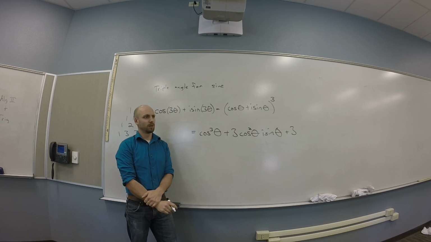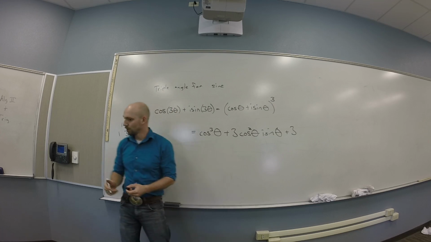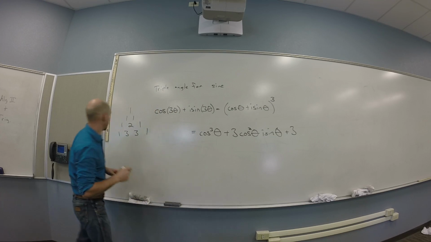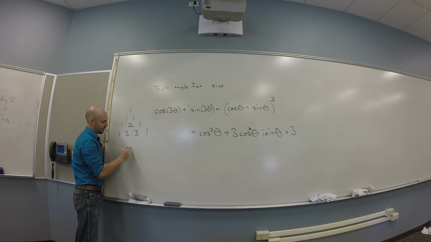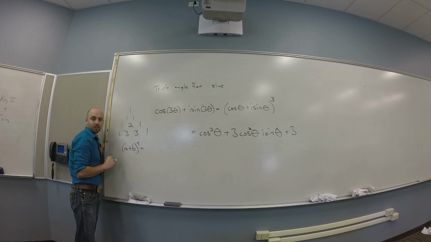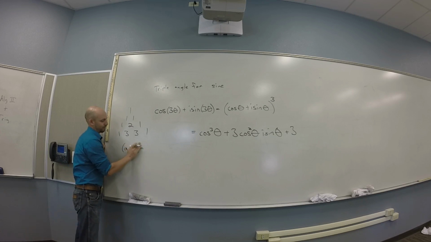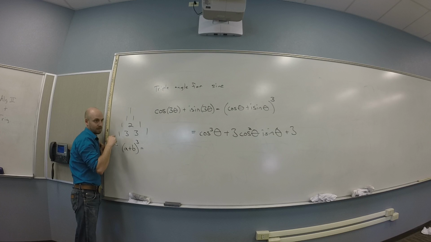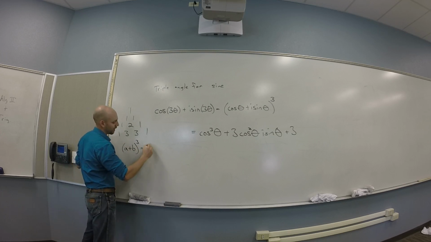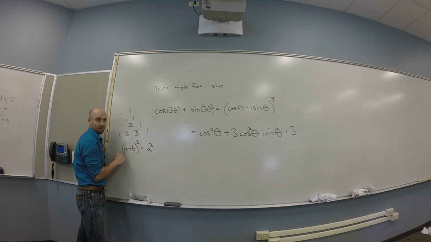You guys see what I'm doing? I don't know, kind of. Can you kind of map it out on that little triangle? I think I know what you're doing. So what I'm doing is I'm thinking (a plus b) to the n. You go to Pascal's triangle, you find the row with a 3 in it, and then you say, okay, there's going to be an a cubed, that's first thing, first thing, first thing.